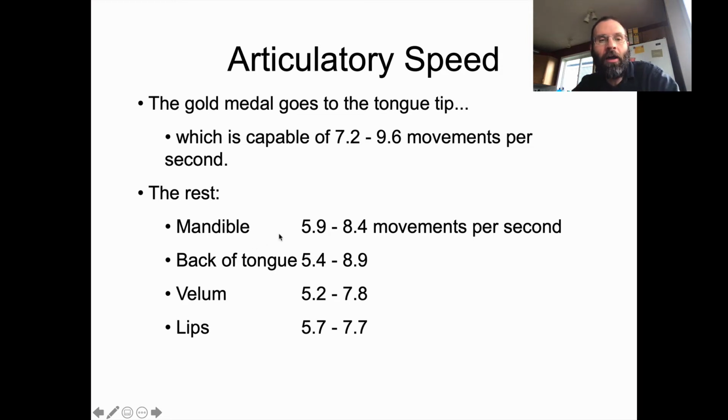Your whole jaw doesn't move around that quickly, so it maxes out at 6 to 8.5 movements per second. The back of the tongue is more massive than the front of the tongue, so that's about 5.5 to 9 movements per second. The velum, again, massive. The back of your palate, that's about 5 to 7.8 movements per second, and the lips are in the middle there as well. So these are all in the same general vicinity of how fast you can move them.